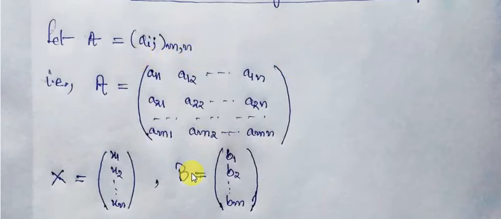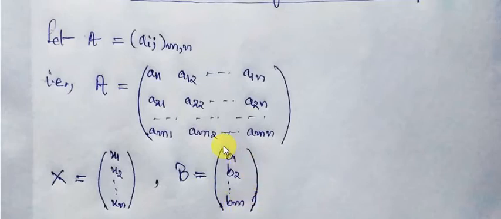And this is the matrix B, which has been formed taking all the right hand members of the system of equations, b1, b2, and so on, bm.